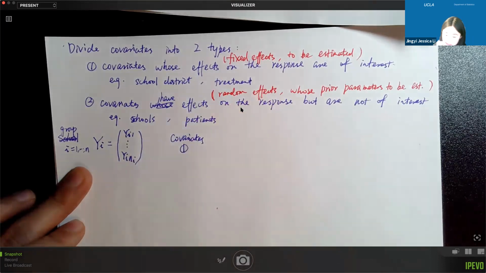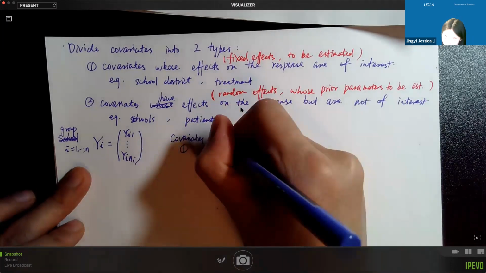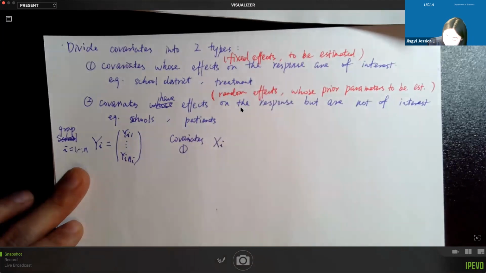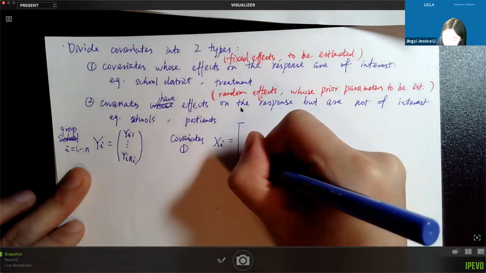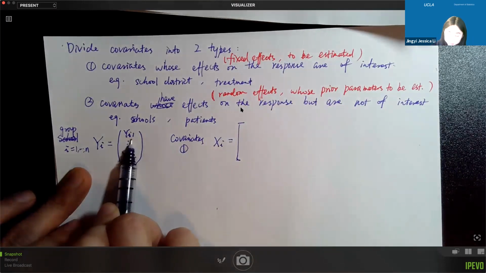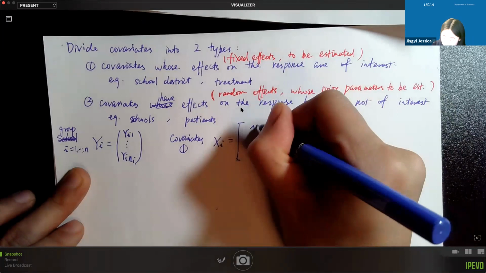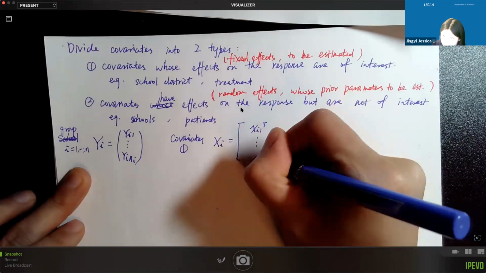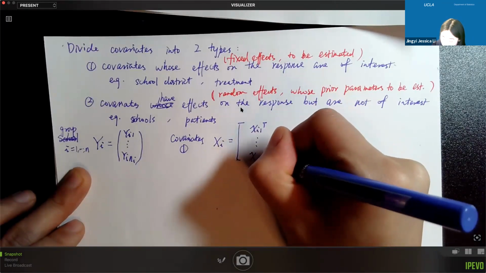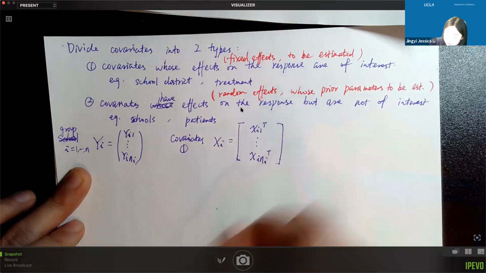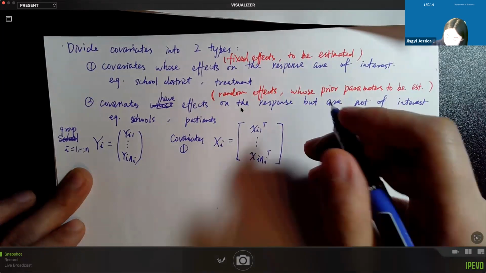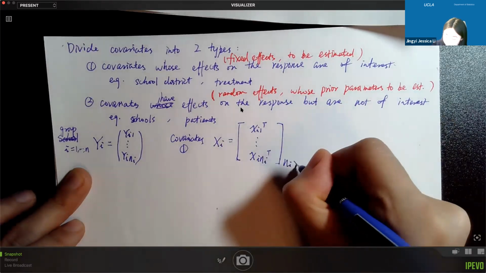Then for the covariates of type 1, I put them in a design matrix I call X_i. These are the covariates corresponding to each observation, x_i1 transpose to x_i n_i transpose. The dimension of this design matrix is n_i by p.